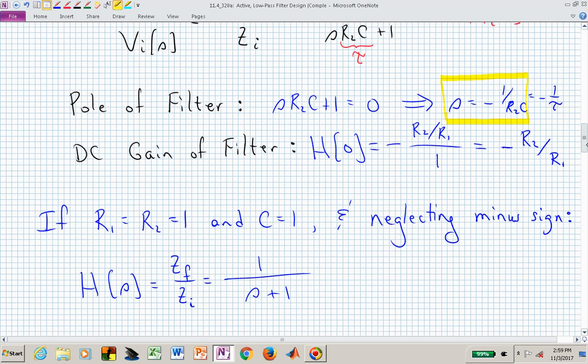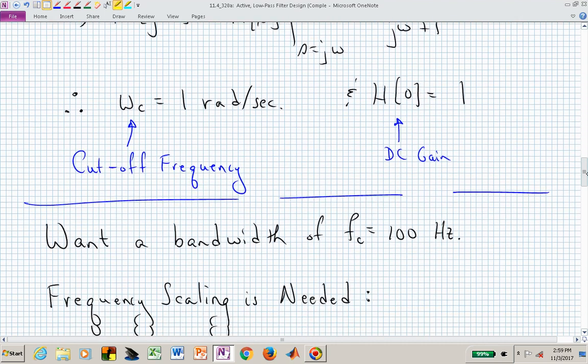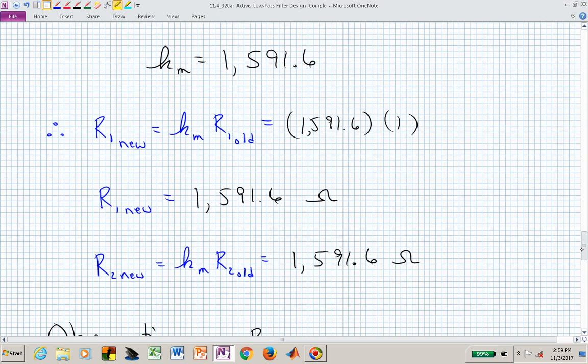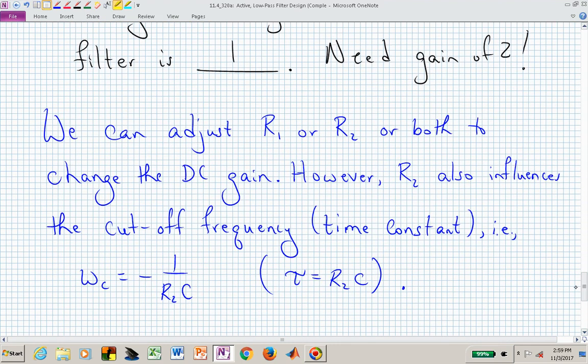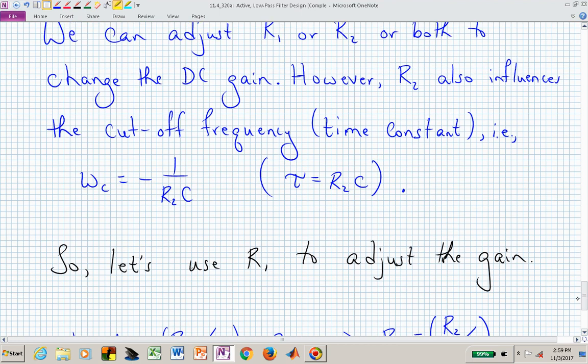After being magnitude scaled, we don't need to frequency scale resistors. And we've already magnitude scaled to make sure that the bandwidth was consistent based on this capacitor expression. Which means then that we really shouldn't be changing R sub 2 to satisfy our gain condition. Let's now use R sub 1 to adjust the gain.